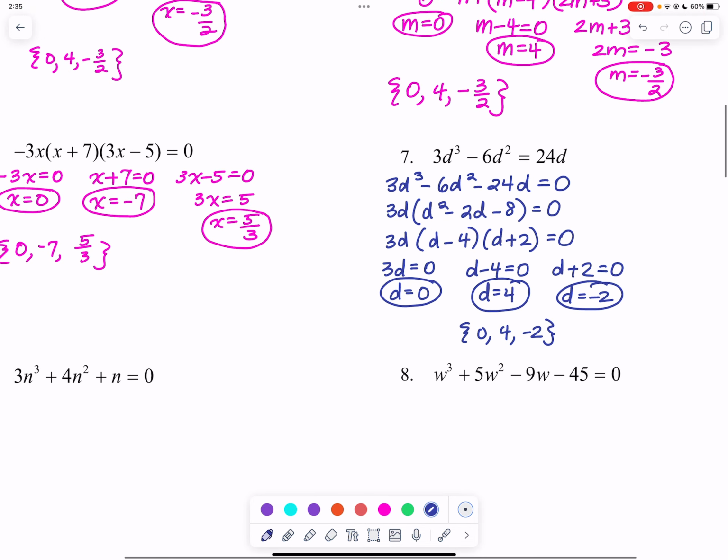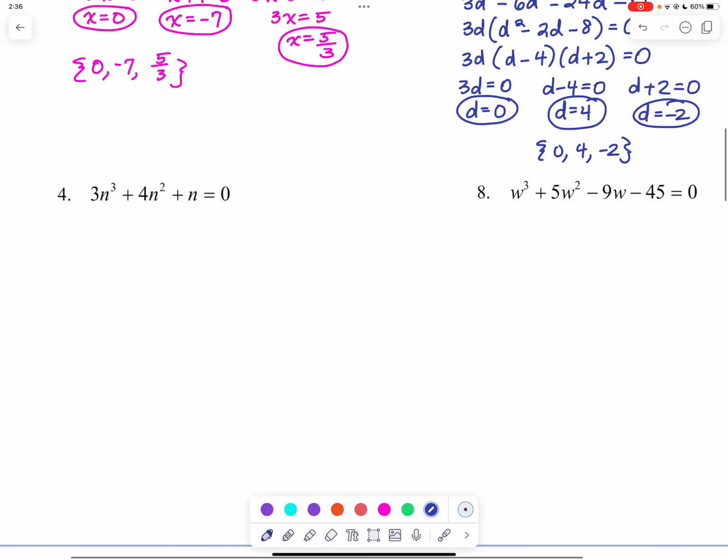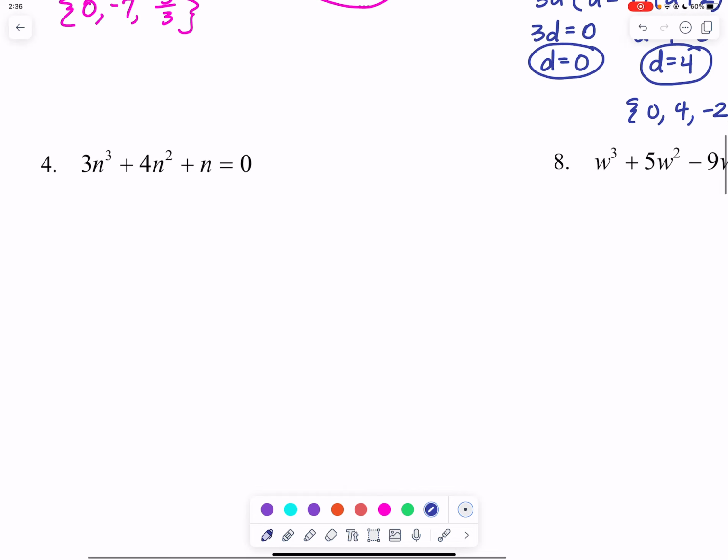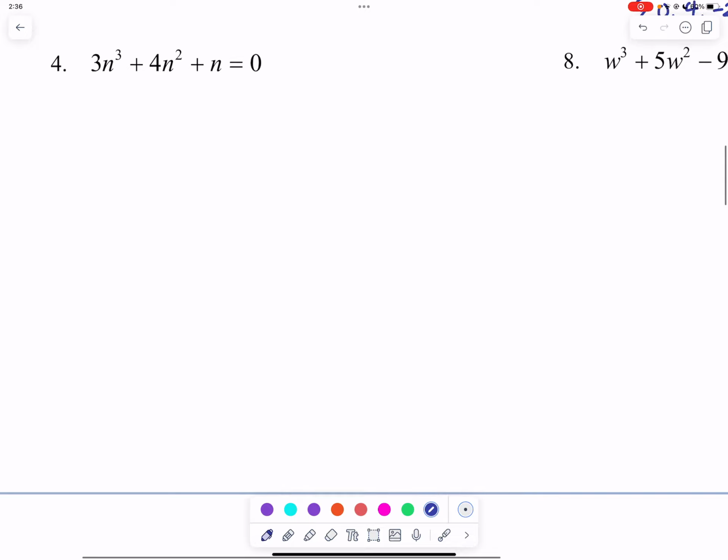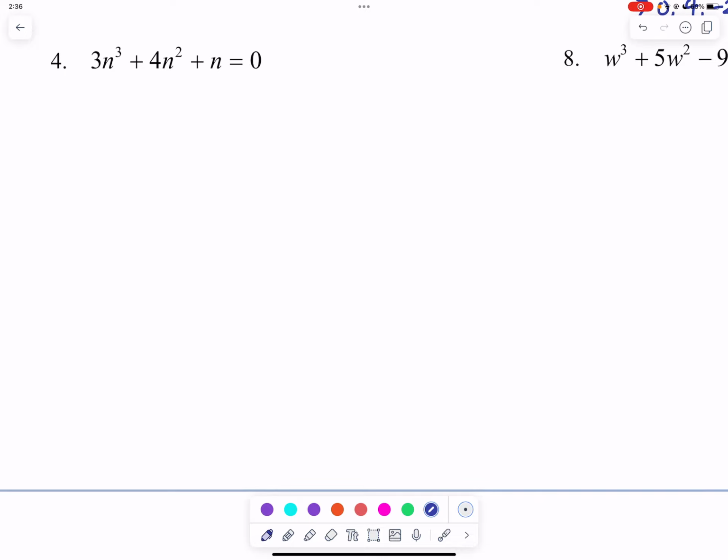Okay, looking ahead at number 4, again, we are going to be factoring, and as you can see, every term has an n in it, so let's factor that out. We have 3n squared plus 4n plus 1 equals 0, so we will go ahead and factor that.